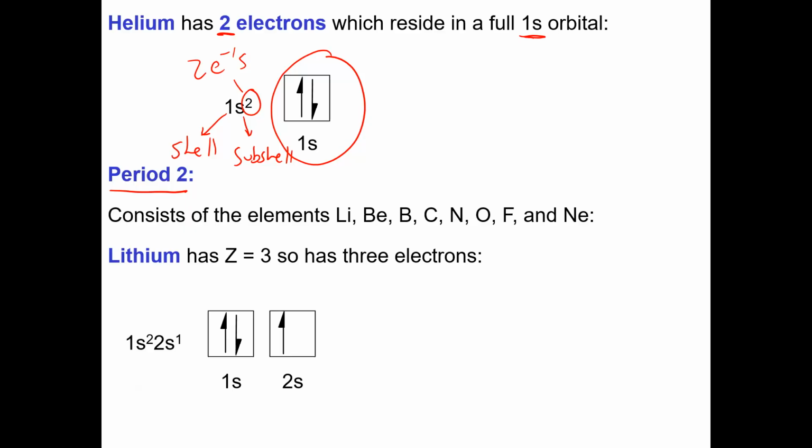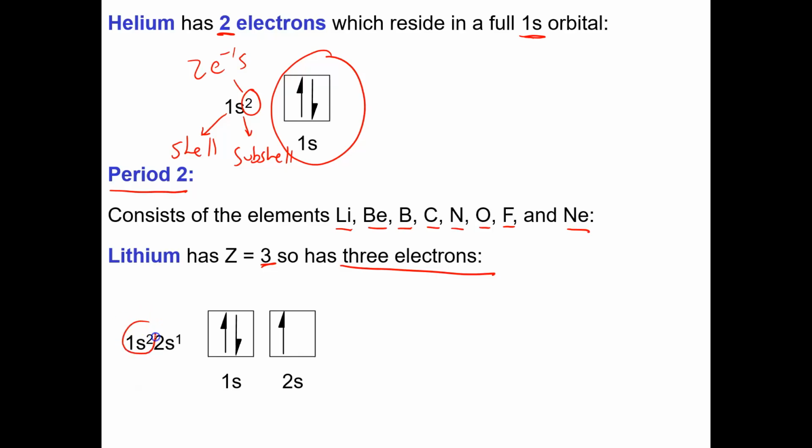Okay, so now we're on to period 2, and if you're sharp, you'll realize that we've filled up the 1s subshell, so we'll need to move on to the next subshell. So period 2 is composed of lithium, beryllium, boron, carbon, nitrogen, oxygen, fluorine, and neon. So we have a total of 8 elements here. Lithium has atomic number 3, so that means it has 3 electrons.